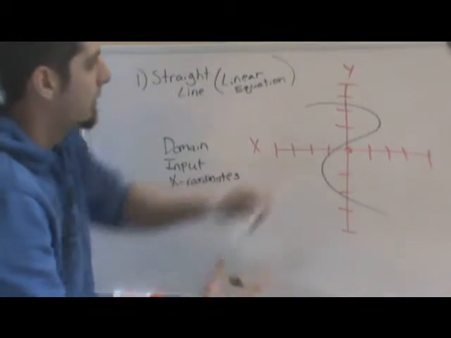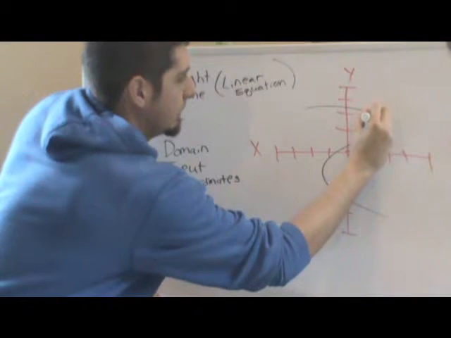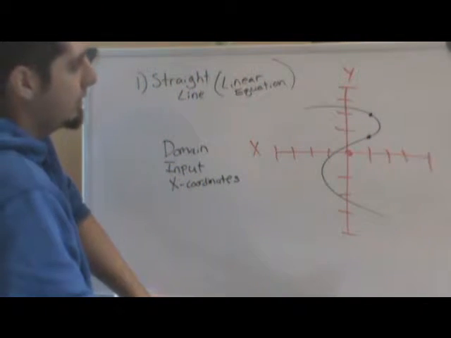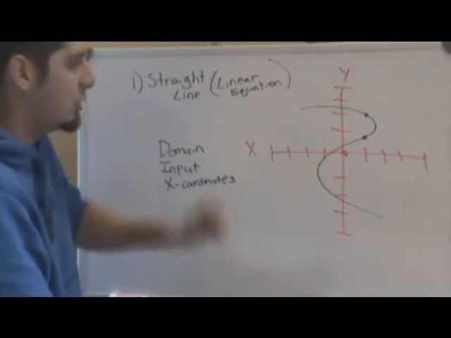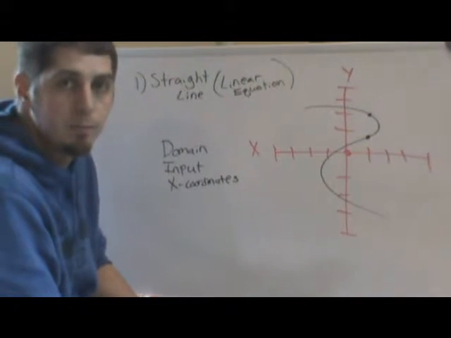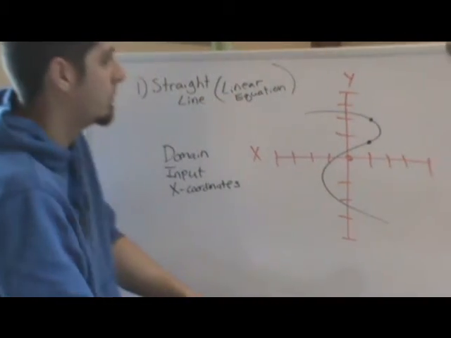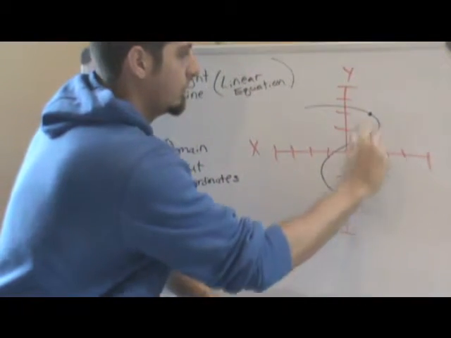Right here and here, for example, my marker intersected both of those points at the same time. And what that means is that your domain repeats and gets you two different answers. And I'll show you. If you take a look at this top point, the x-coordinate is 1.